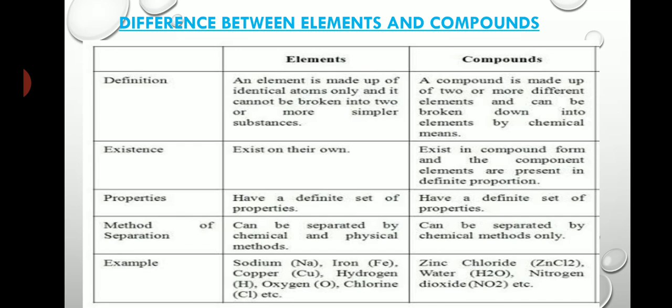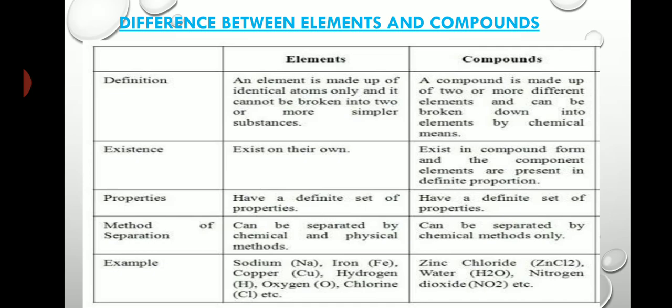Difference between elements and compounds. Definition. An element is made up of identical atoms only, and it cannot be broken into two or more simpler substances. A compound is made up of two or more different elements and can be broken down into elements by chemical means.